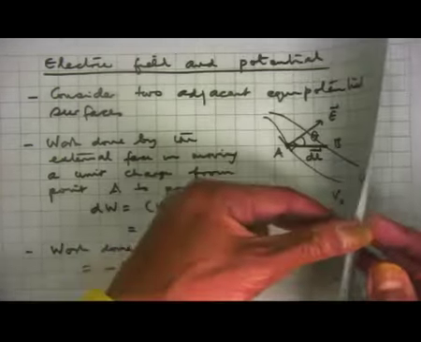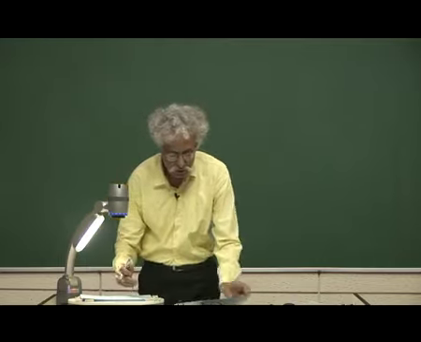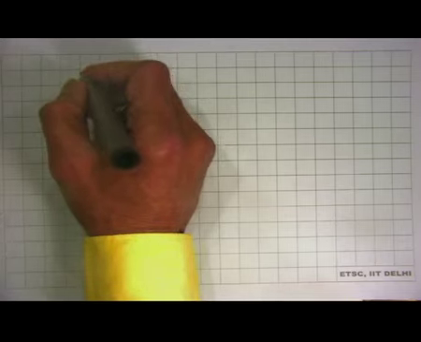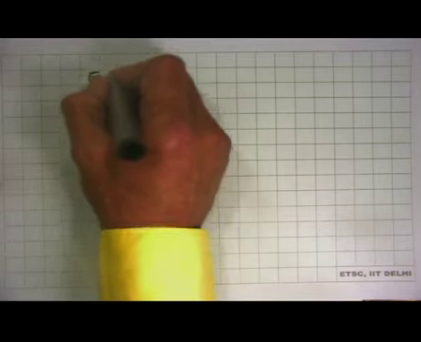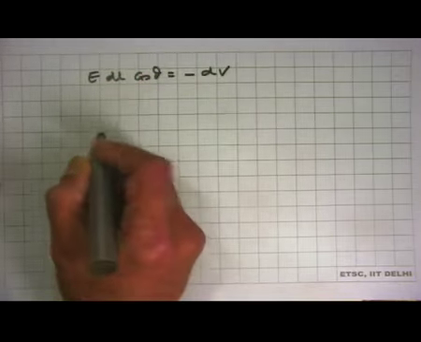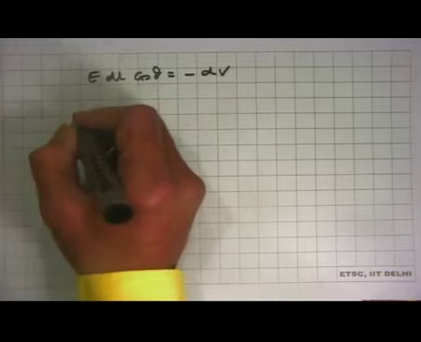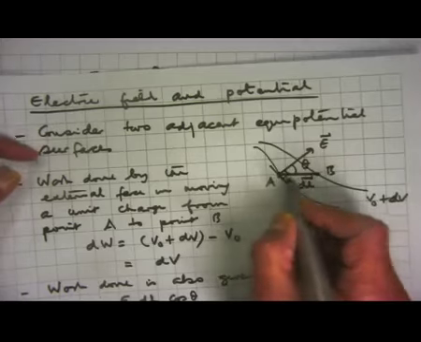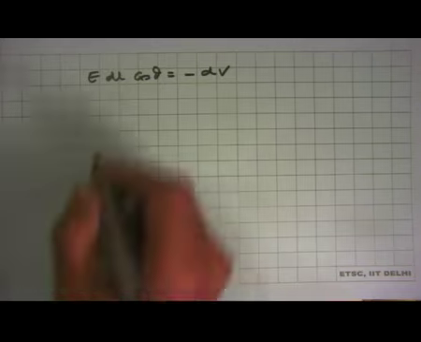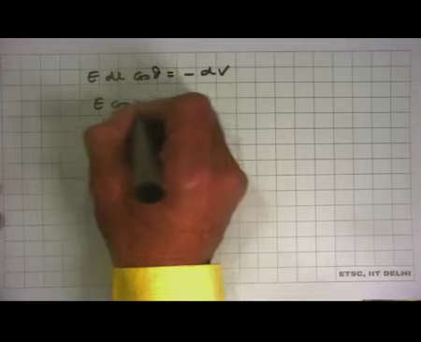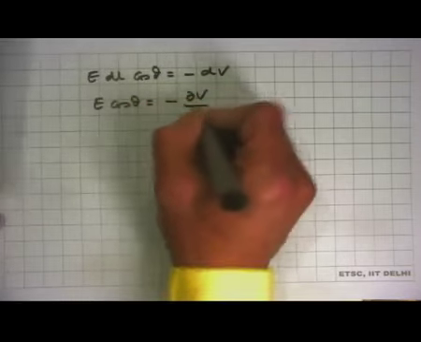So, E dl cos theta is equal to minus dV. dV is the difference in potential between these two points, which is also given by minus E dl cos theta. So, I get the following expression: E cos theta is equal to minus del V by del L.